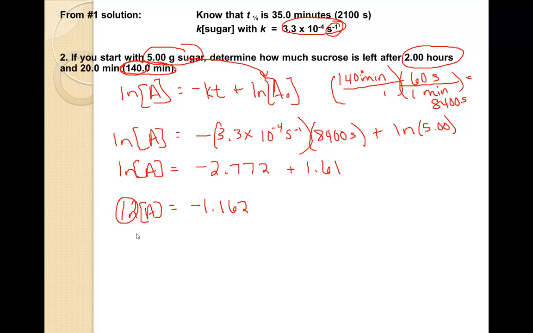In order to do that, we're going to do the e to the x function. So that means we have A on this side, and then we have e to the negative 1.162 on the other side. And that comes down to be 0.313 grams. And that's how we use the integrated rate laws and how we associate it with half-lives.